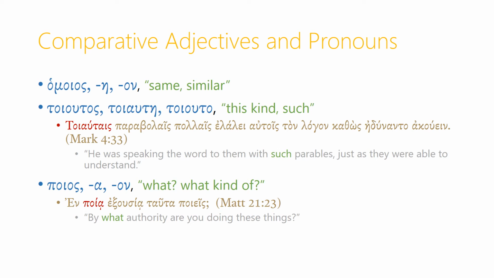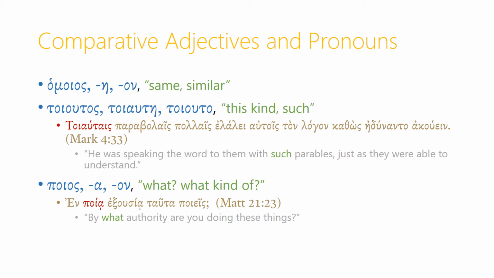Here are some adjectives and pronouns that can also help us in making our comparisons. We just saw homoios means in the same way, and so the adjective homoios means same or similar. There's a pronoun, toioutos, toiaute, and toioutou, which means this kind or such.